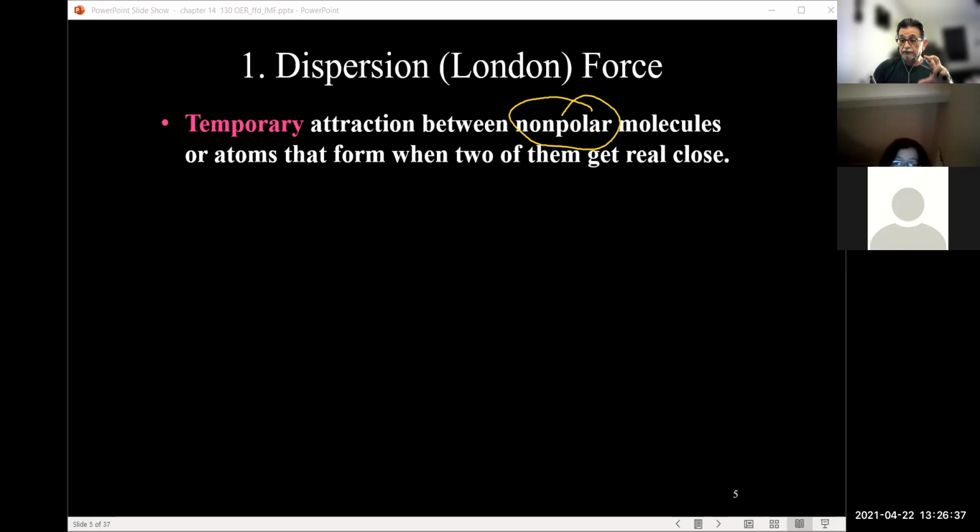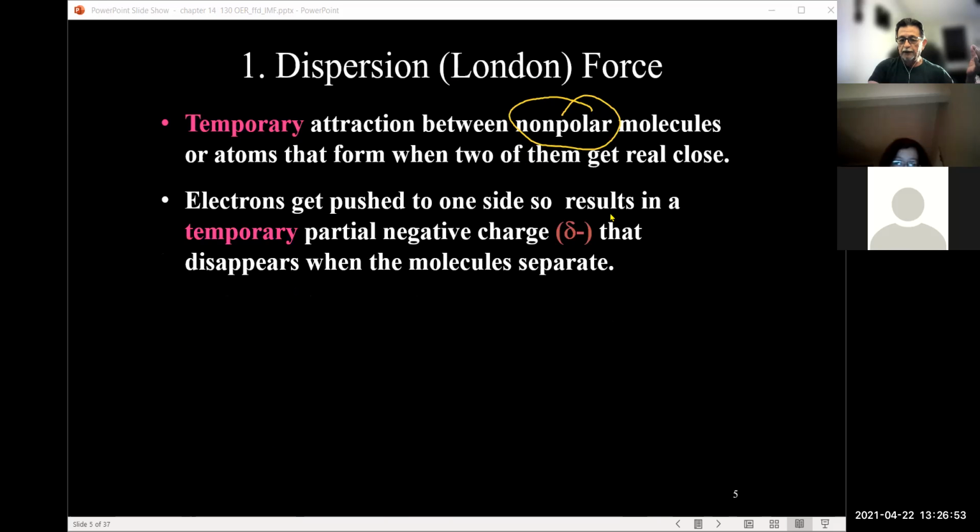Okay, so you've got to learn to recognize where there's polar and nonpolar. Now the thing is that these forces are, as I stated, temporary. They're not permanent, like the case with the dipole. Okay, and what's happening is electrons kind of get pushed away.